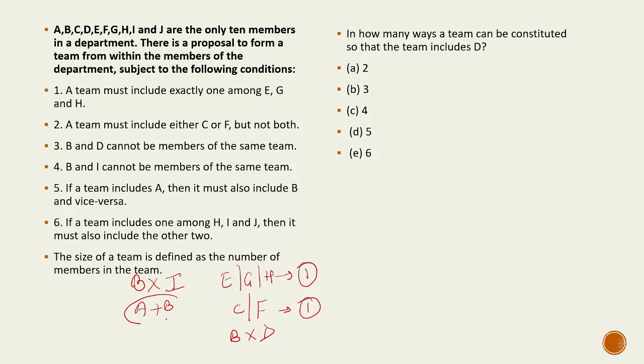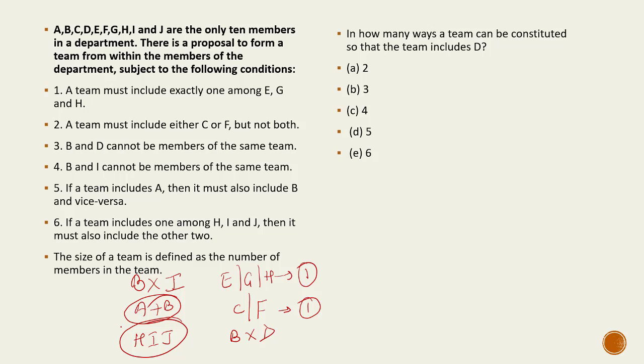Every question is a new question here and has to be attempted independently. That's what makes the conditional puzzles actually much lengthier than the conventional classification puzzle or scheduling puzzle, or for that matter sitting arrangements.